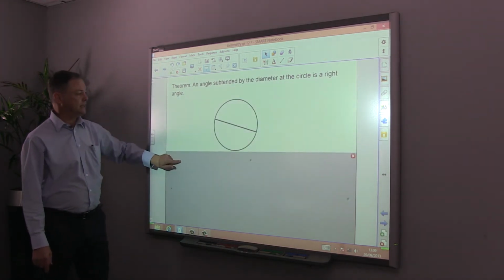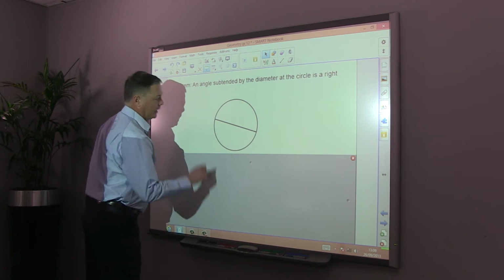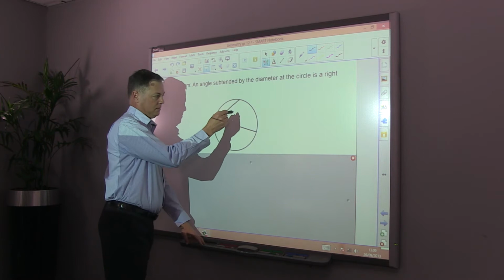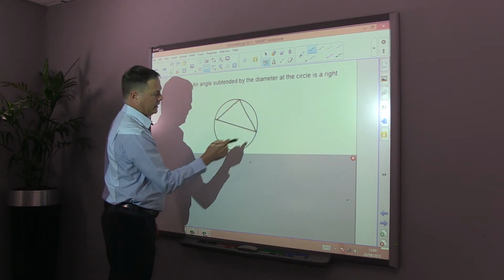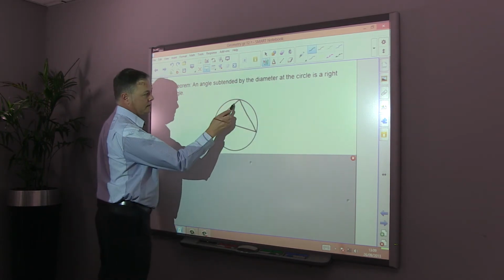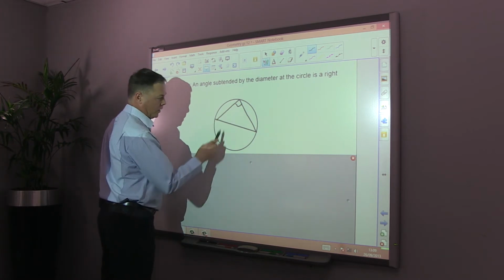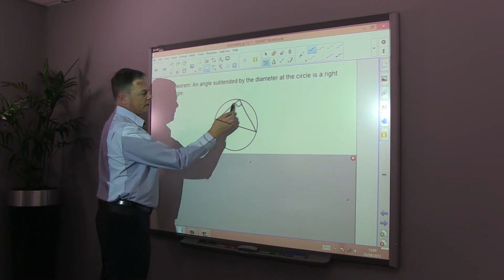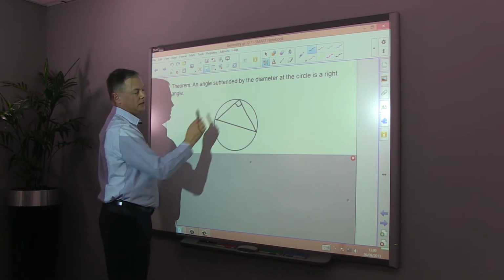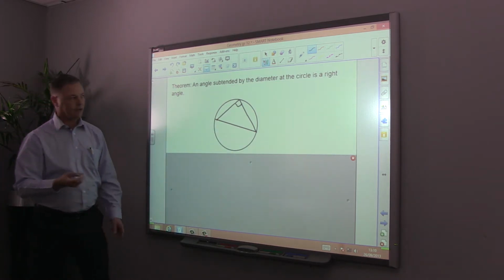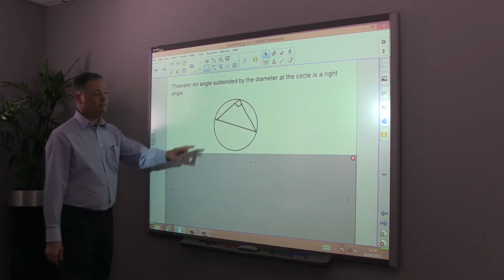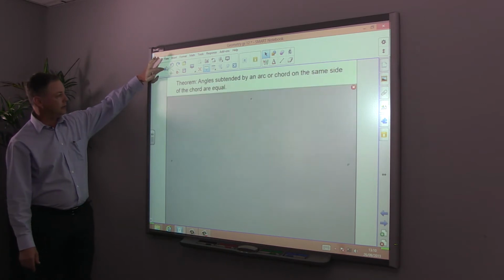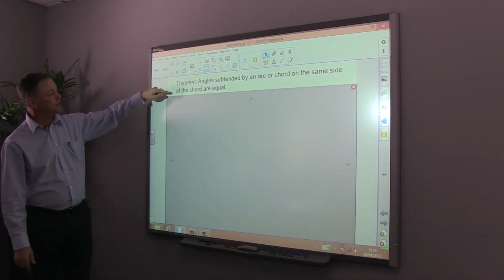So this one says that if you've got the diameter and you draw an angle like that, it forms a 90-degree angle there. Why? Because this is 180 degrees subtended by this arc. So that angle there, subtended by the same arc, is half. Okay, so that's the third theorem. Very handy, especially for analytical geometry and problems that we're going to get closer to the time.